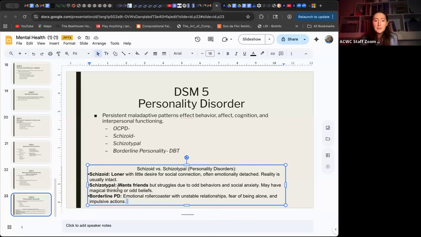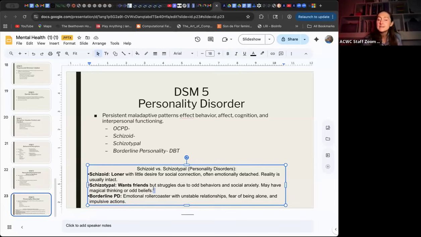For example, Dr. Pam, if I remember correctly, one time was talking about someone she knew who's schizotypal, and he would wear earmuffs, literally in Florida, with hot weather, because of some magical thinking he had.